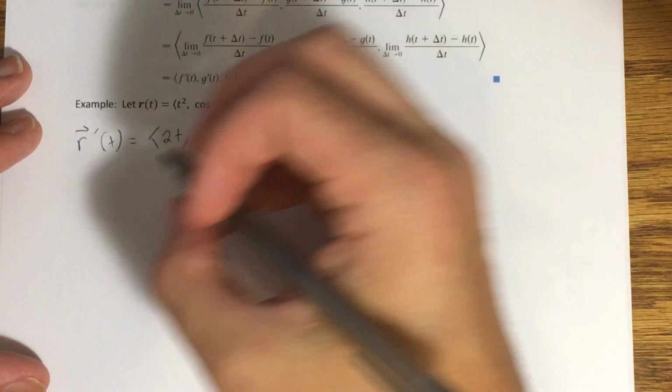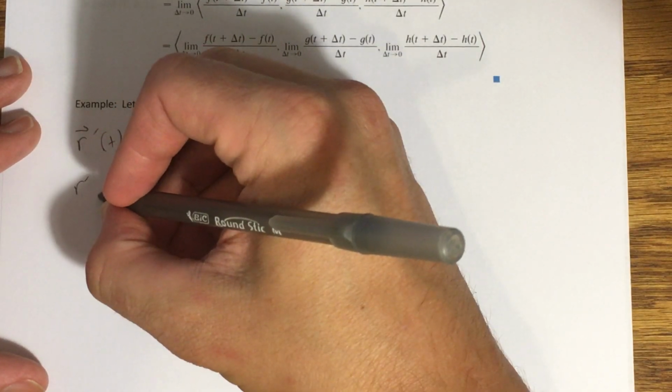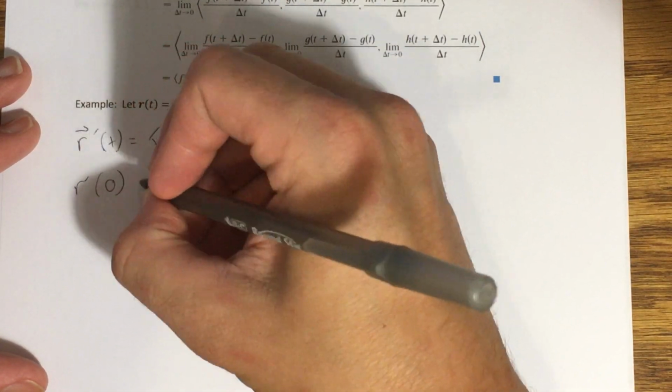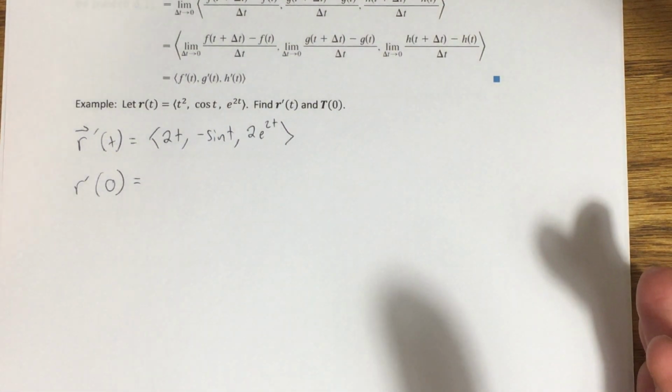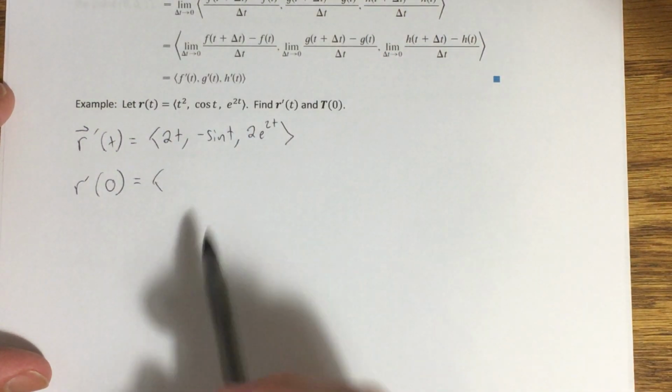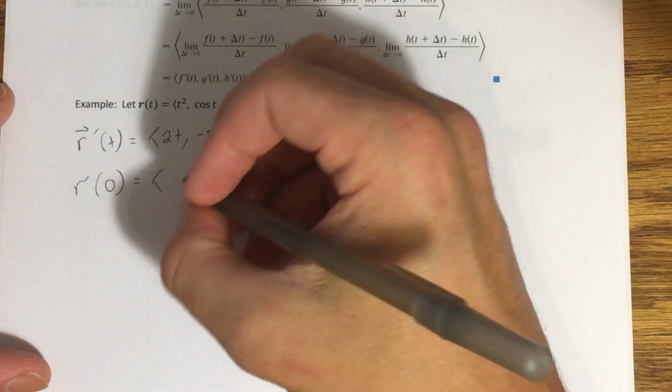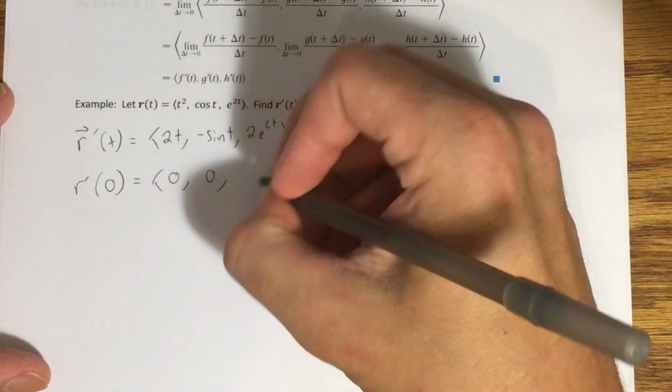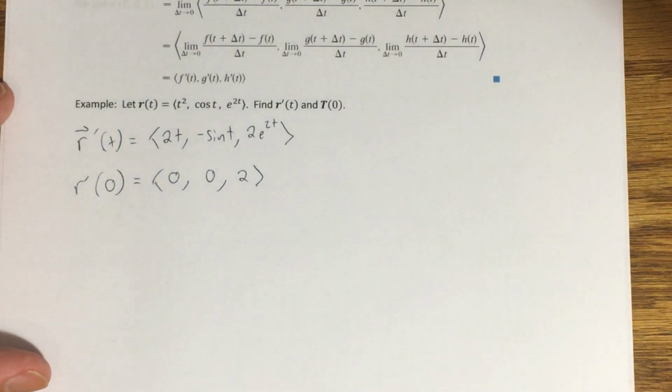So what I'm going to do is start by finding r prime of 0, because I know I'm going to need that for my unit tangent vector. And that's just a matter of plugging 0 into each one of these. I see that I'm going to get 0, 0, 2 as a result.